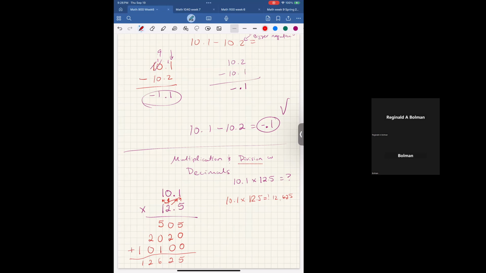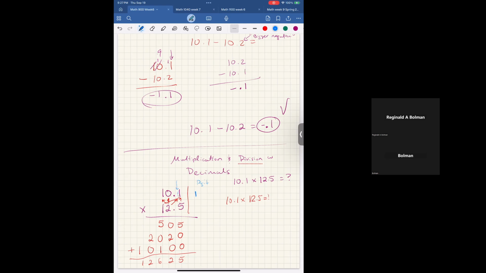Because 12 grand is so ridiculous. You'll never multiply 10 and 12 and get 12 grand. And so the answer is we have to make an adjustment based on the number of digits. So we count up the number of digits that are behind the decimal place. And in this instance, for the top number, you have 1 digit.